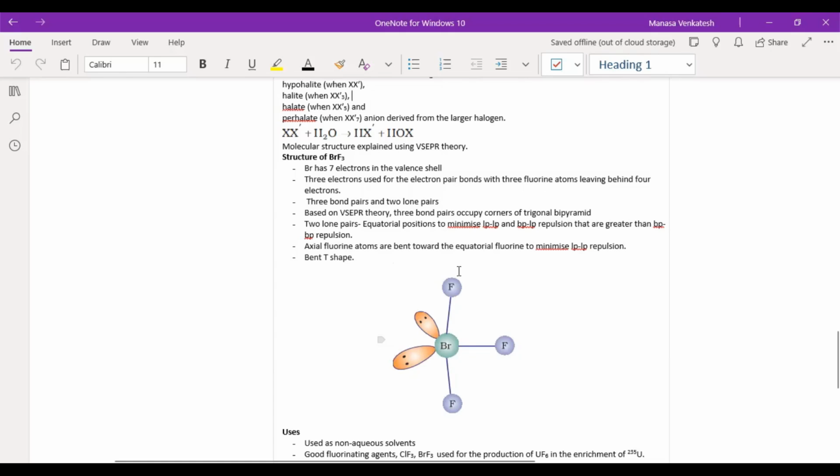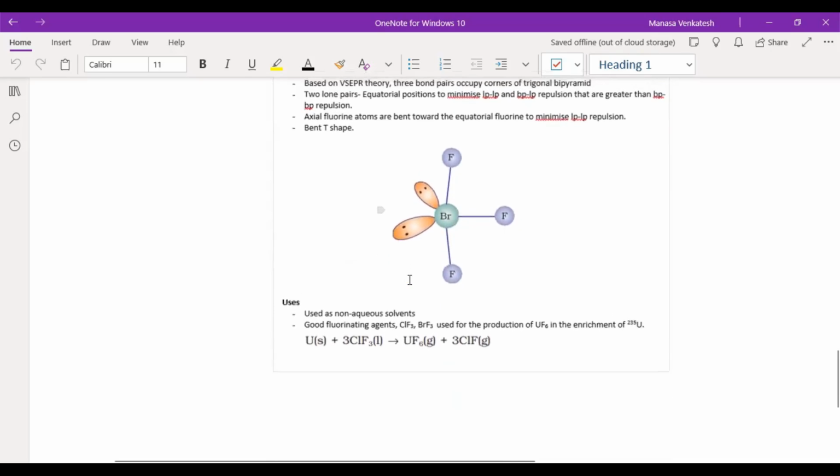The bond pairs occupy corners, and the lone pairs will occupy the equatorial positions, to make sure that there is the least amount of repulsion between lone pair and bond pair, and bond pair and bond pair. So this is a bent T shape. Remember, this is the structure of bromine trifluoride. This is actually given as an example or question in your textbook.